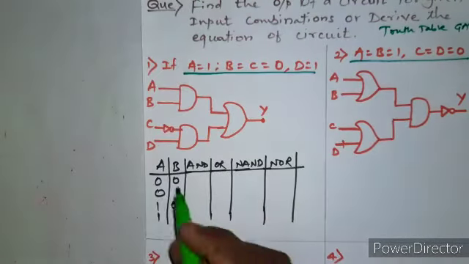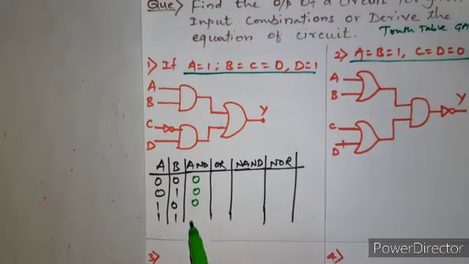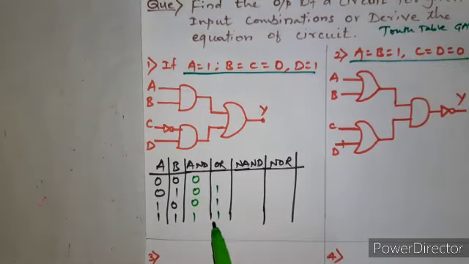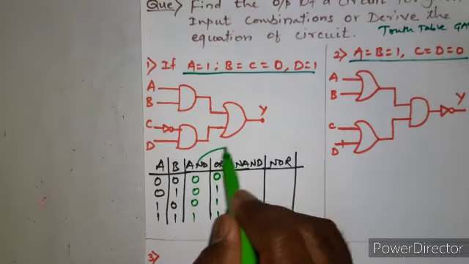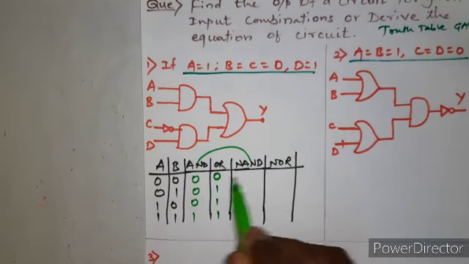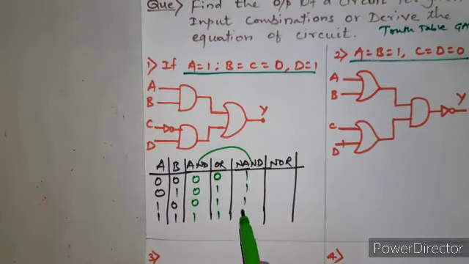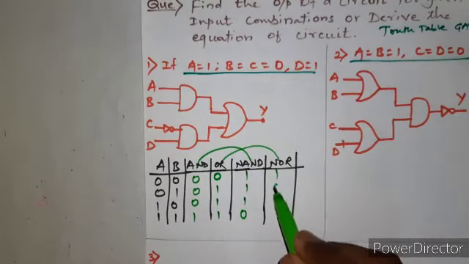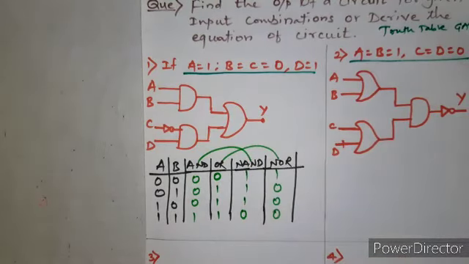Now what is the AND gate? If any of the inputs is 0, output is 0. If all the inputs are 1, output is 1. For the OR gate, if any of the inputs is 1, output is 1, otherwise output is 0. Now NAND is the opposite of AND, so this becomes 1 1 1 0, and NOR is the opposite of OR, so it becomes 1 0 0 0.